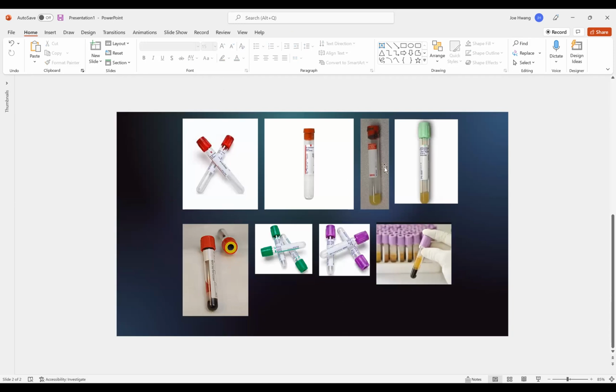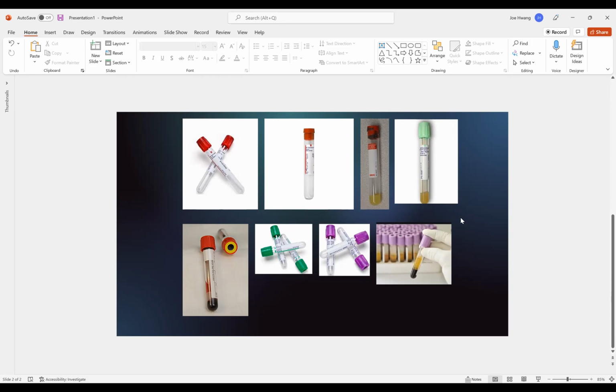Doesn't matter what tube it comes in. If it's got an anticoagulant and it's not clotted, like these greens and these purples, it's going to be plasma. The benefit of this gel barrier in a plasma tube is that you don't have to pipette it off after you spin it down, because the gel barrier prevents it from remixing in transport.